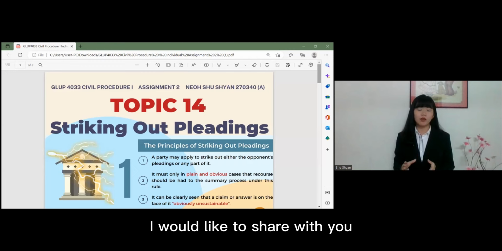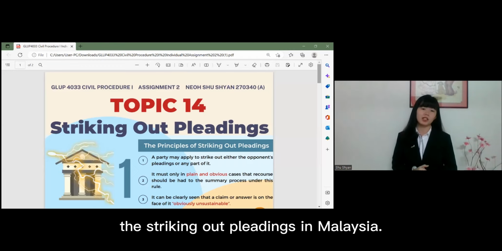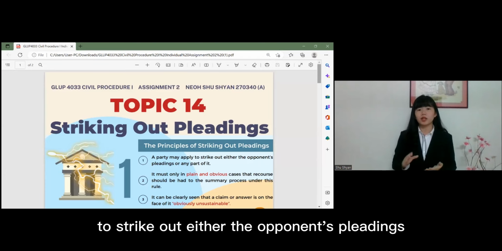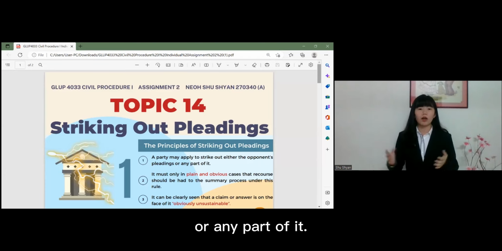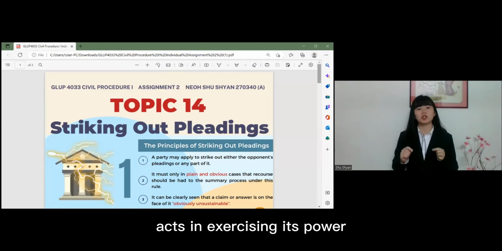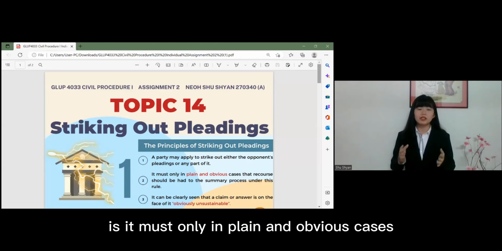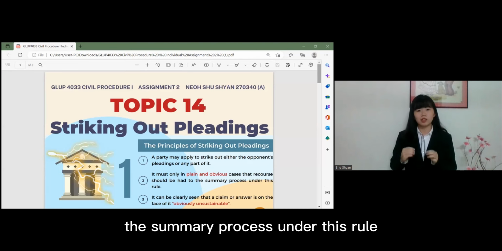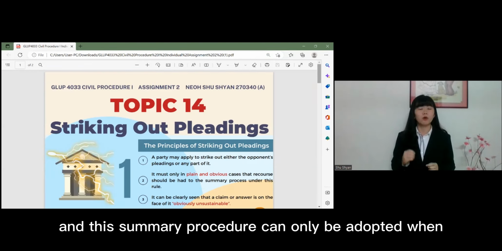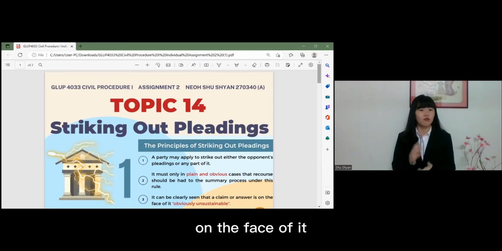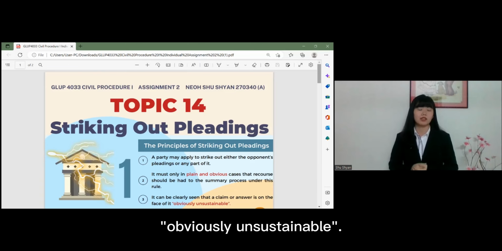Here today, I would like to share with you the striking out of pleadings in Malaysia. First of all, in striking out a pleading, a party may apply to strike out either the opponent's pleading or any part of it. The principles upon which the court acts in exercising its power to strike out the pleading is that it is only in plain and obvious cases that recourse should be had to the summary process under this rule, and this summary procedure can only be adopted when it can be clearly seen that a claim or answer is on the face of it obviously unsustainable.